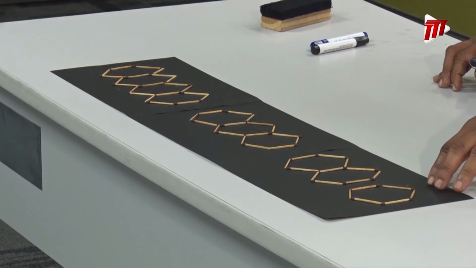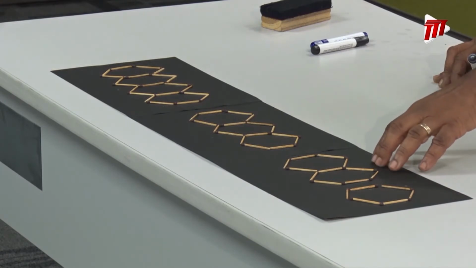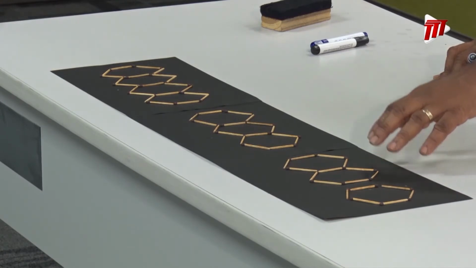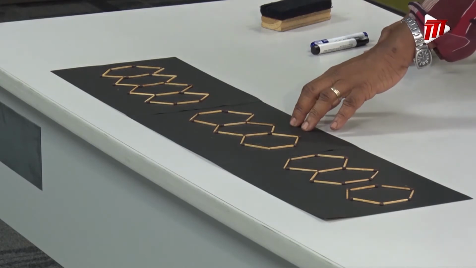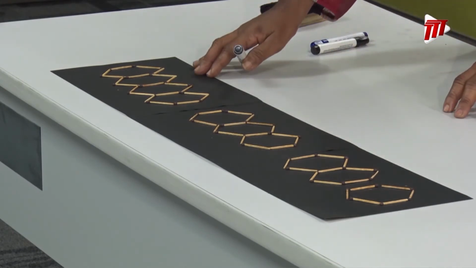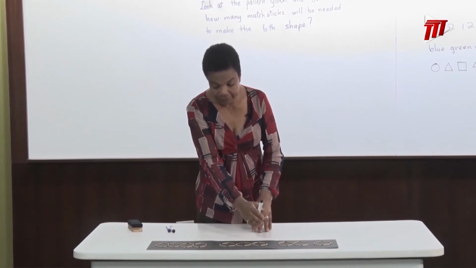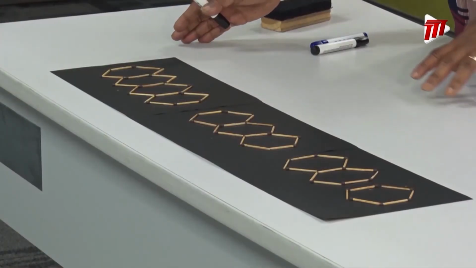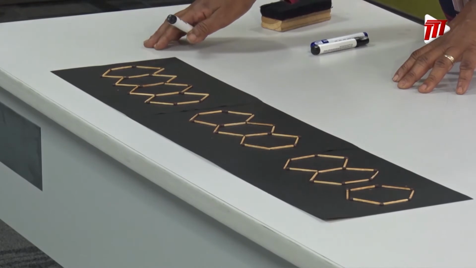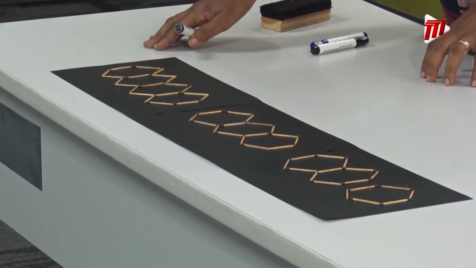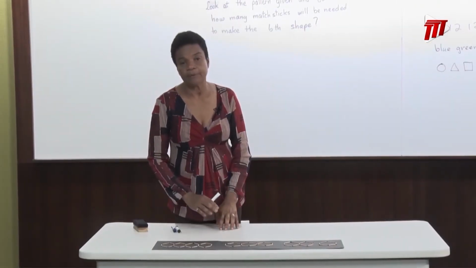The first shape, 1 hexagon. The second shape, 2 hexagons. The third shape, 3 hexagons. The fourth shape, 4 hexagons. So you can see that our pattern is growing. Therefore, you will be able to determine how many hexagons will be needed for the fifth shape.